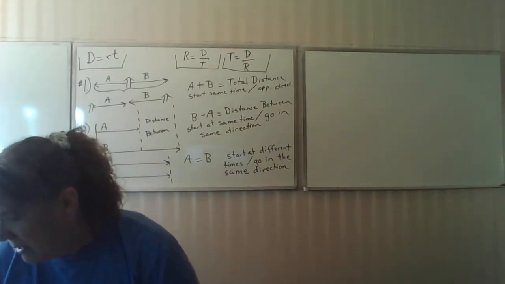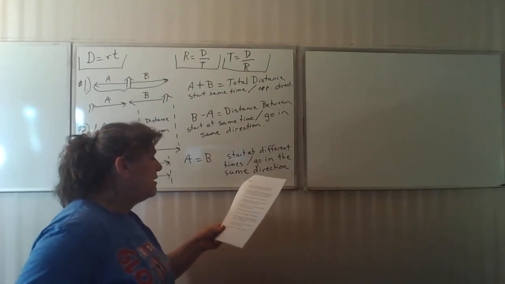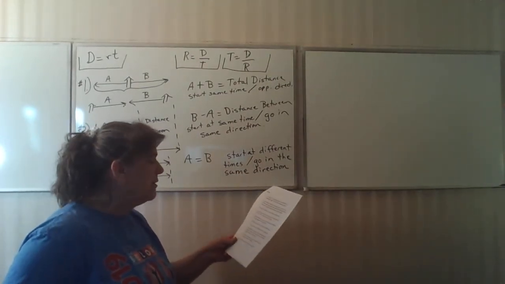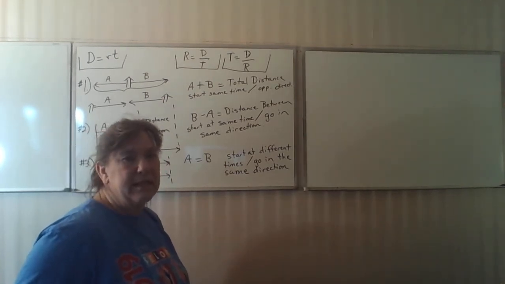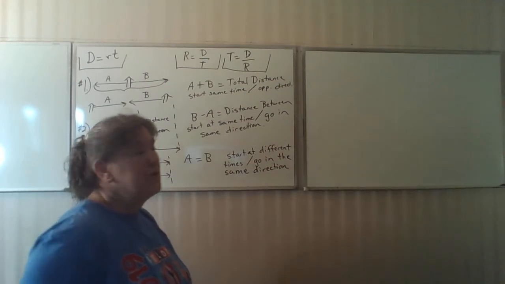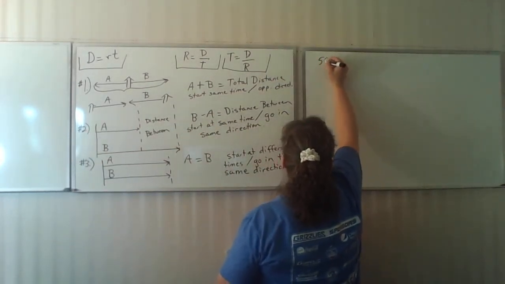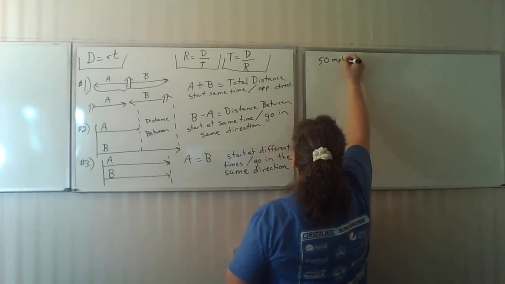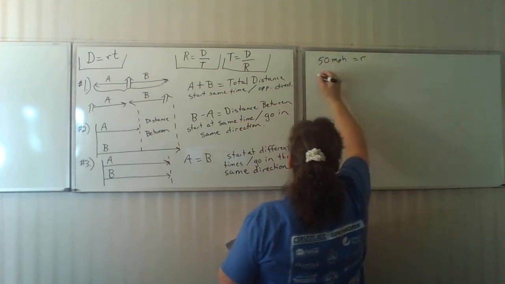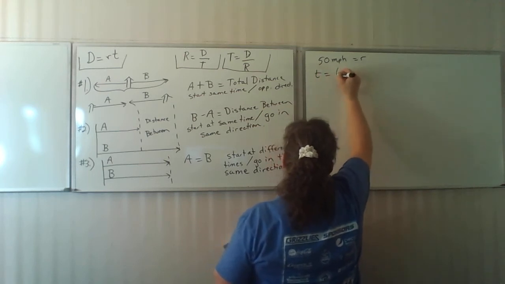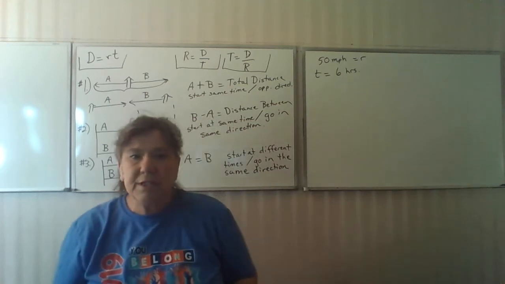Okay, number 6 says, if I travel at 50 miles per hour, how far will I have traveled in 6 hours? So we're traveling at 50 miles per hour, and the time, so this is the rate, and my time is equal to 6 hours. So we know the rate, we know the time.